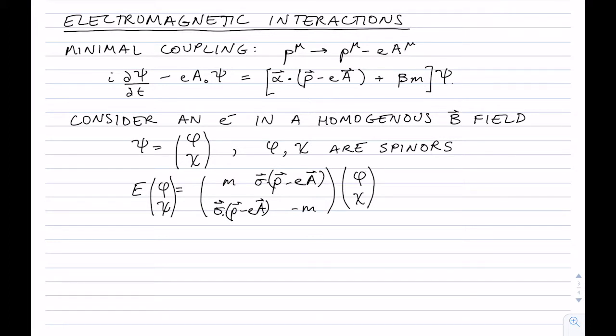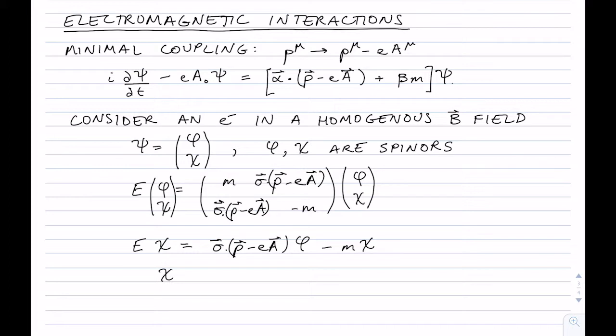side, and I basically have two equations here, right? One for phi and one for chi. And so let me write out the one for chi. So I've got E chi is equal to sigma dot P minus EA. So this is just writing out the lower equation here, times phi minus M chi.